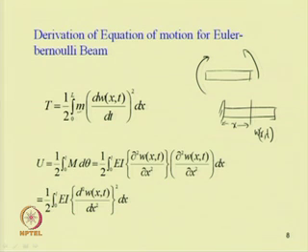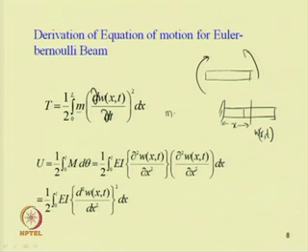Let m be the mass per unit length, then m dx is the mass of the small element, into velocity squared. The velocity equals del w by del t, as w is a function of both x and t. So one can write the kinetic energy for the whole beam as the integration of half m (del w by del t) whole squared dx, where m is the mass per unit length.